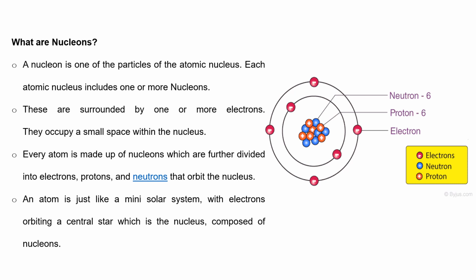They occupy a small space within the nucleus. Every atom is made up of nucleons, which are further divided into proton and neutrons, with electrons that orbit the nucleus. An atom is just like a mini solar system, with electrons orbiting a central star, which is the nucleus composed of nucleons.